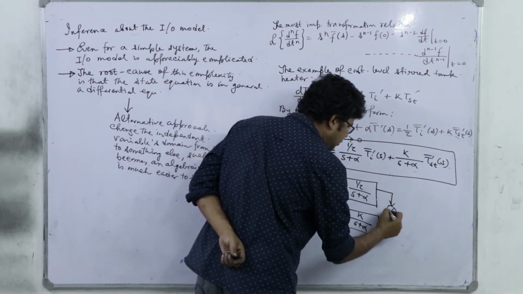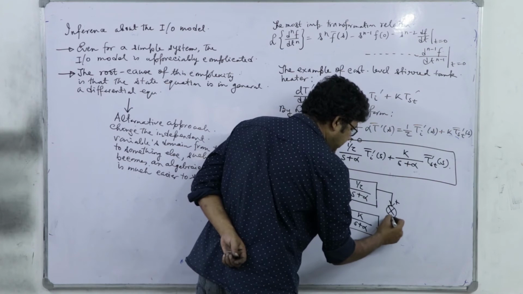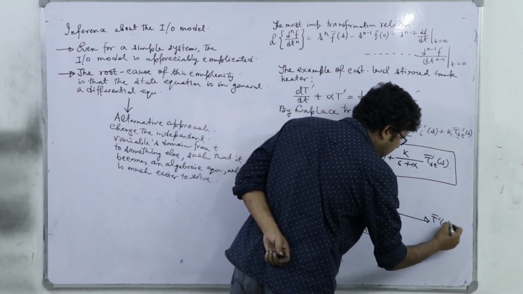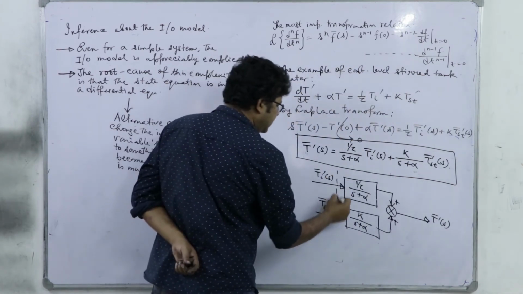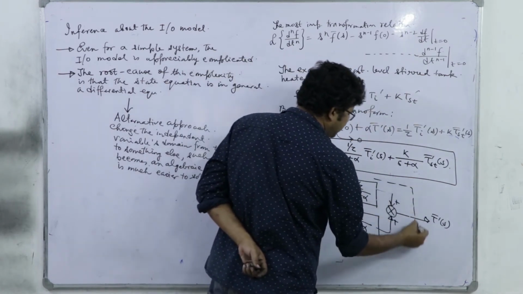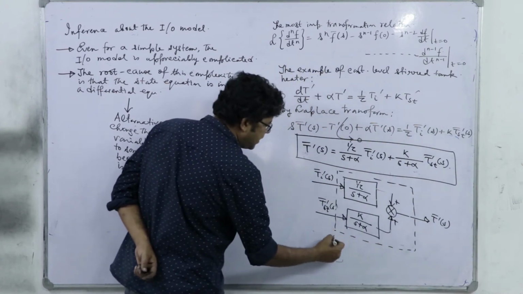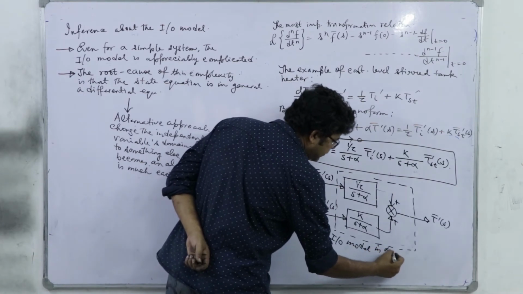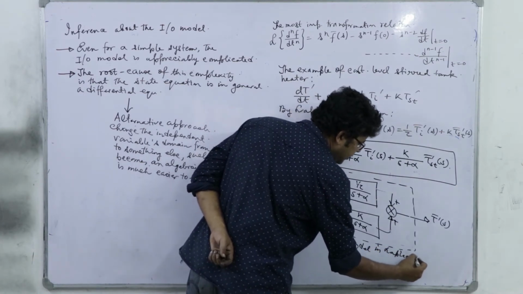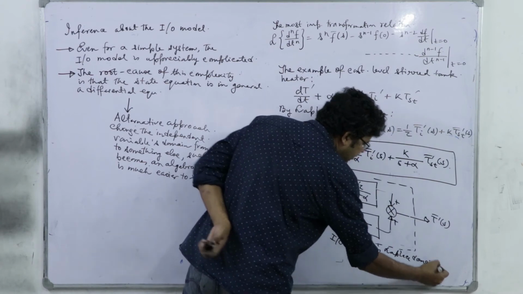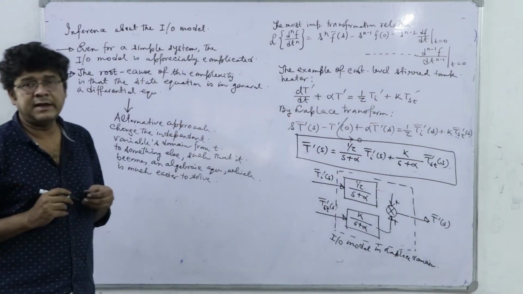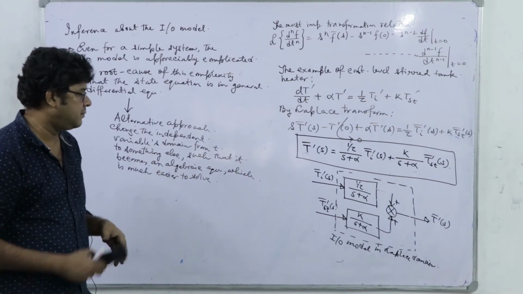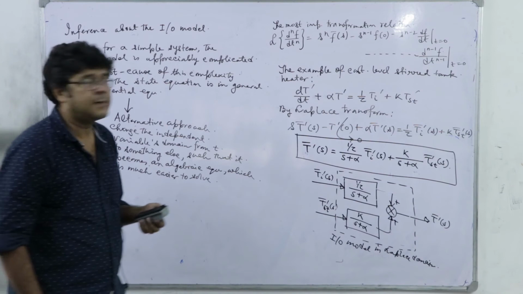So these two Laplace domain transformed signals are added to generate the output in the Laplace domain. So this is the typical input output model, the schematic IO model in the Laplace domain, which is much more simple. So we will now go for developing the input output model in the Laplace domain.